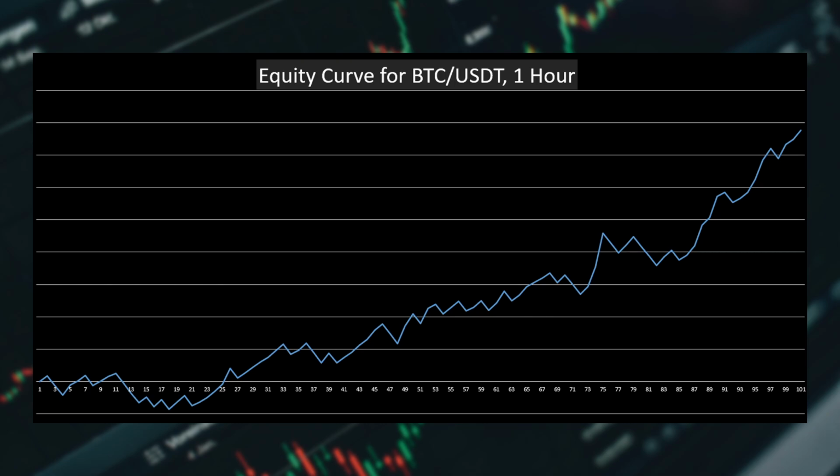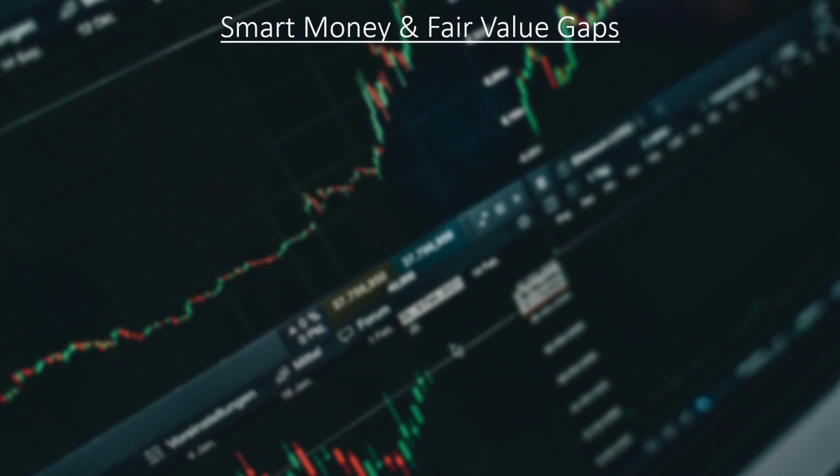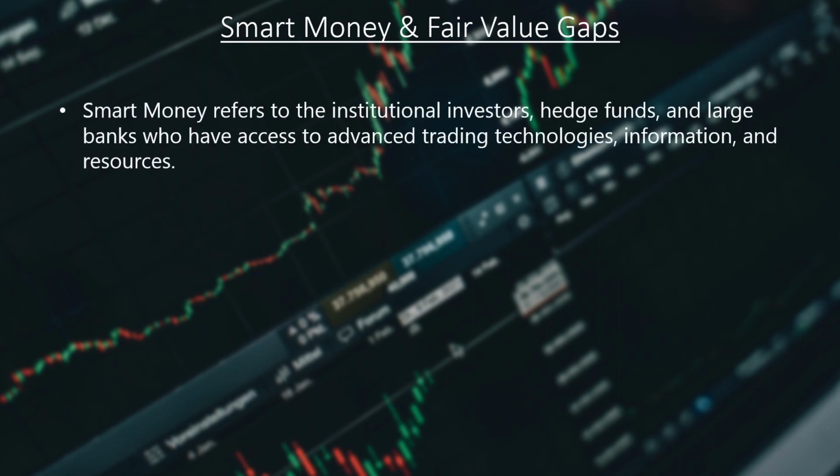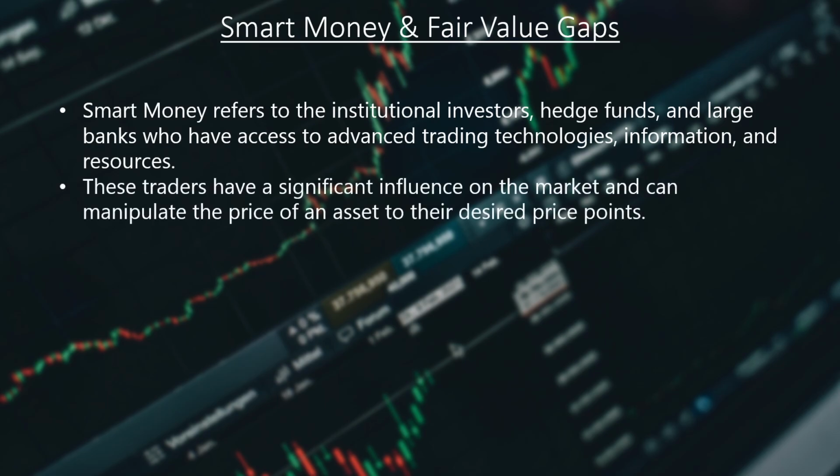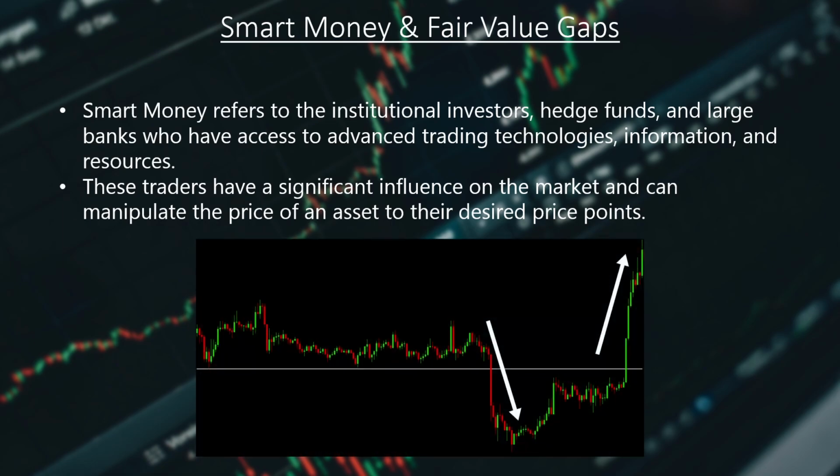Before we dive into the strategy, first let's discuss briefly the concept of smart money and fair value gaps. Smart money refers to institutional investors, hedge funds, and larger banks who have access to advanced trading technologies, information, and resources. These traders have significant influence on the market and can manipulate the price of an asset to their desired price points.